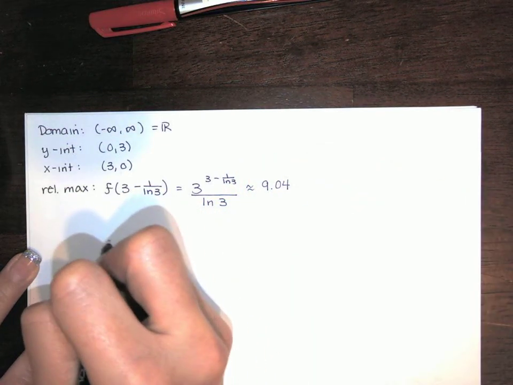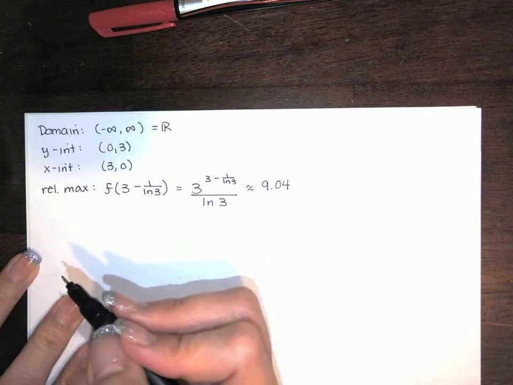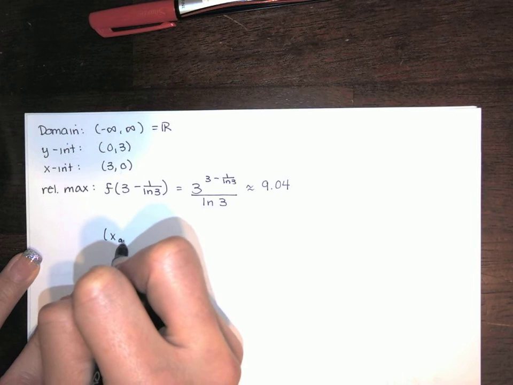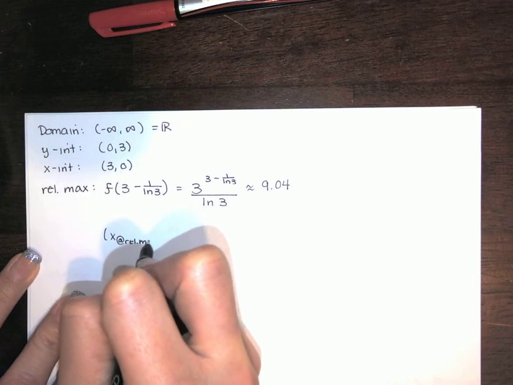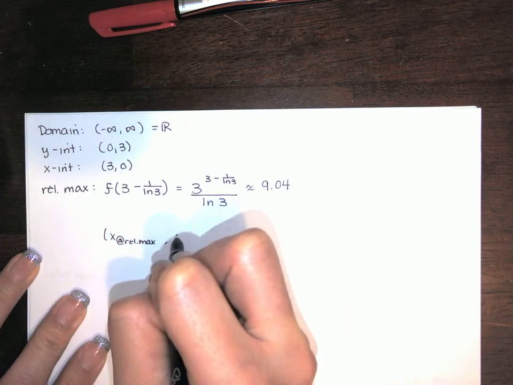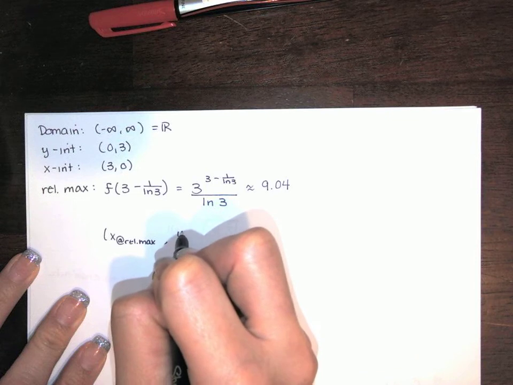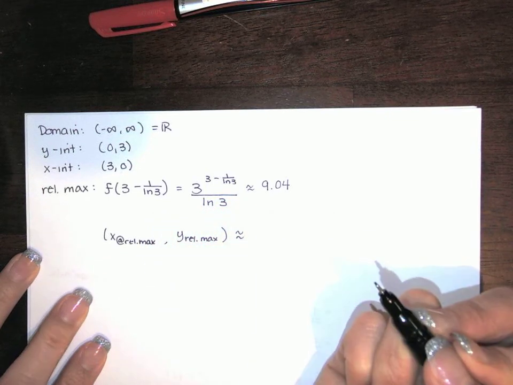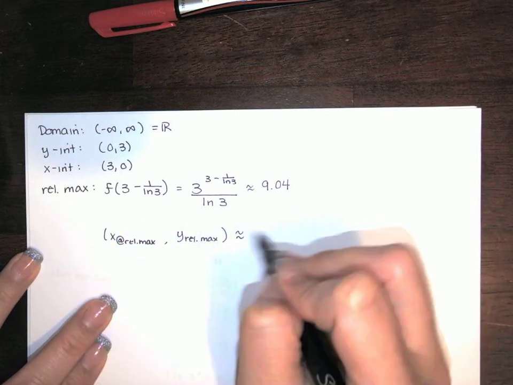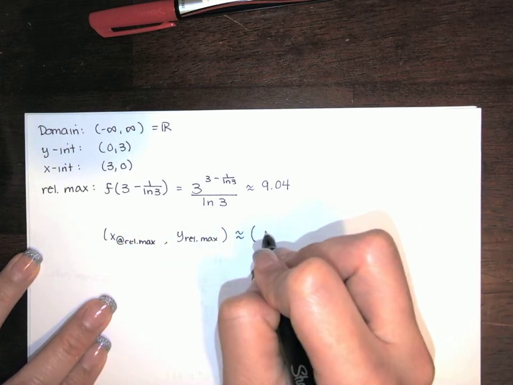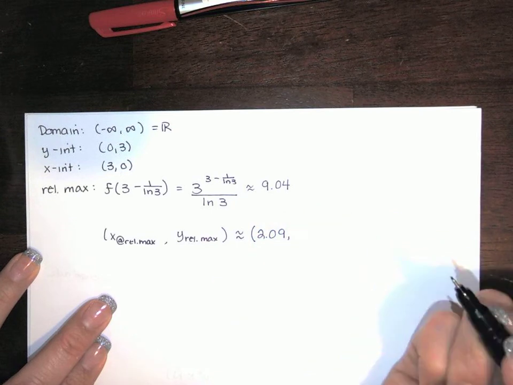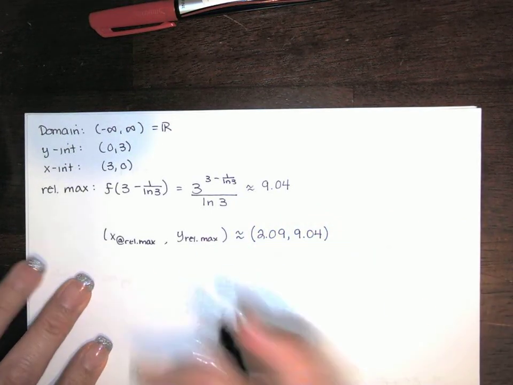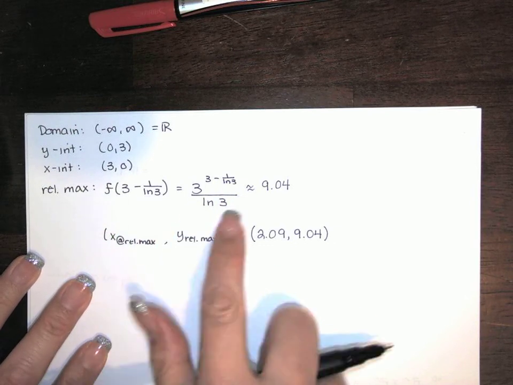So the point on the graph that's corresponding to this relative max, the x at the max and then the y value that happens to be a relative max, is approximately equal to this. X was approximately 2.09 and y was approximately 9.04. The exact values of those were this x value with that y value.